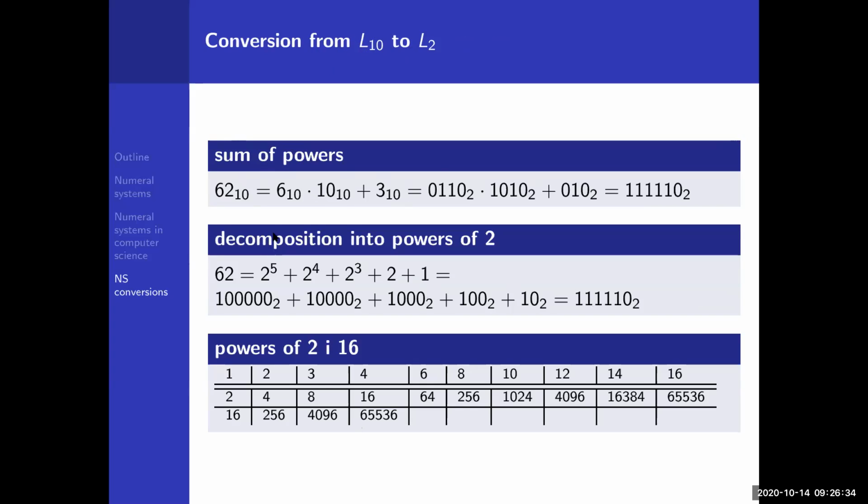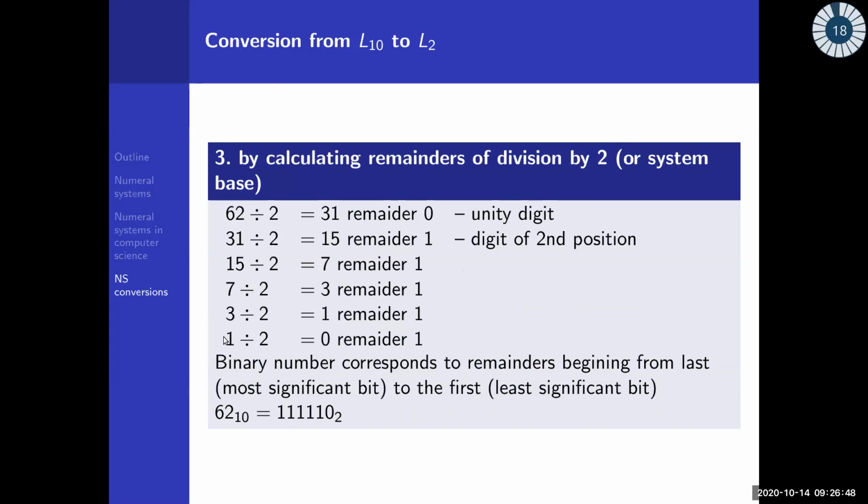We can calculate a sum of powers, but it's not so easy to convert them into binary form. I think the easiest and very automatic way to calculate these values is calculating remainders of division. So how does it work?